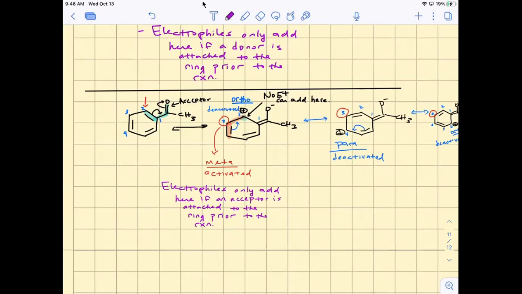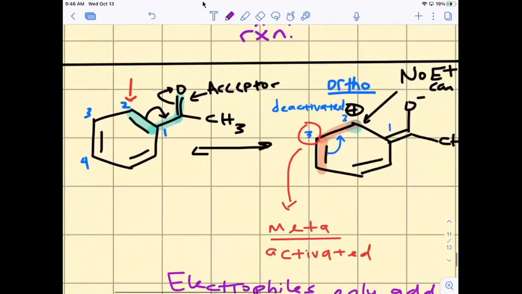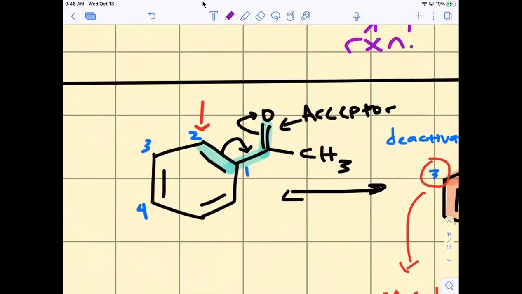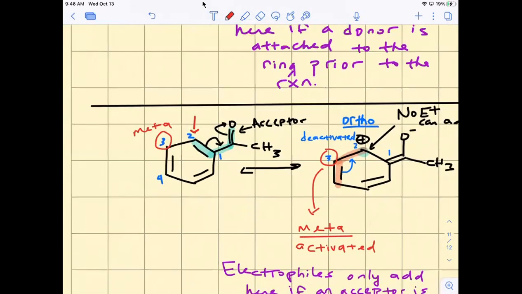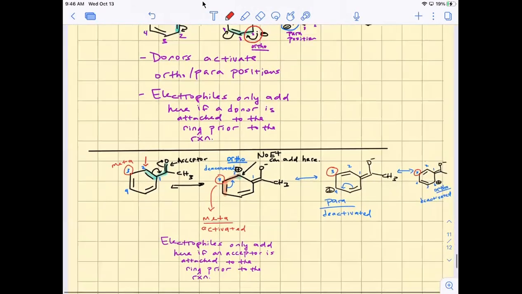So the meta position is, if where your substituent is 1, then at carbon 3, relative to that, that's what we call meta, right? So here, that's my meta site, right? Questions? Any questions about that?